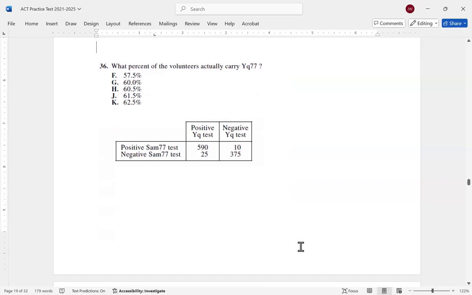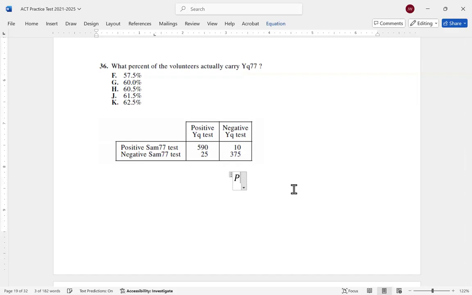Question 36. What percent of the volunteers actually carry YQ77? I copied and pasted the table here so that I didn't have to go back up. Remember, actually carrying YQ77 means that you tested positive with the YQ test. So everybody who tests positive with YQ carries that gene.